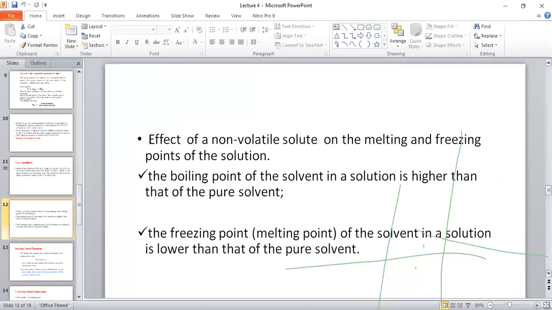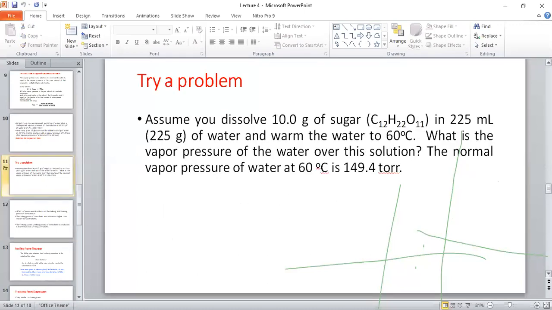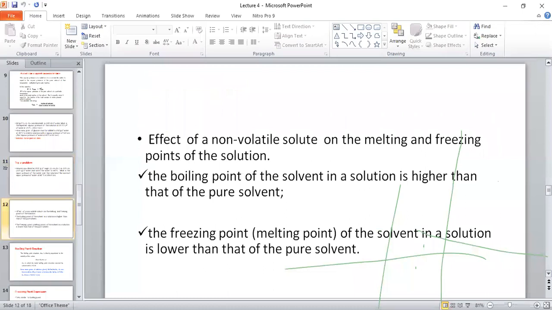Now we see the effect of a non-volatile solute on the melting point and freezing point of the solution. We want to look at the effect of non-volatile solute on the boiling and freezing point of the solution.